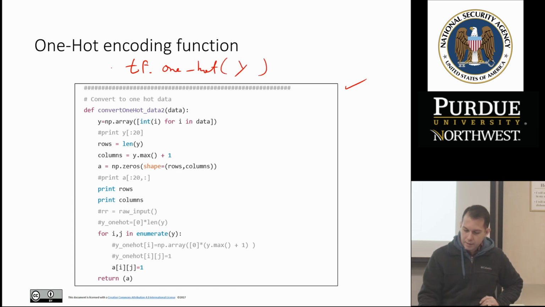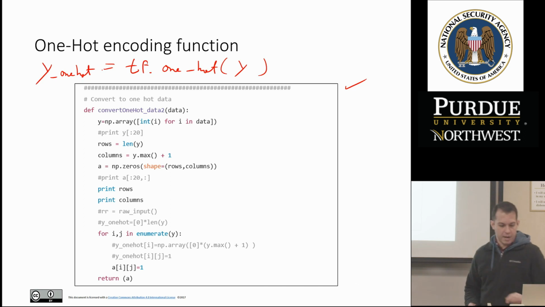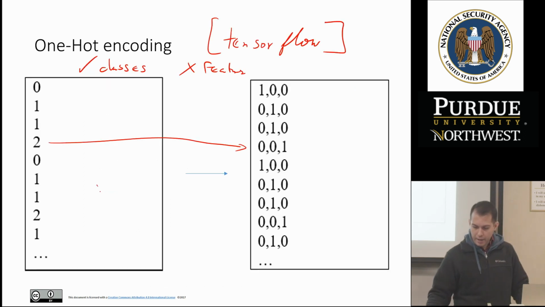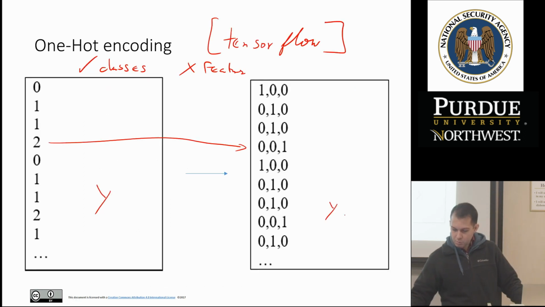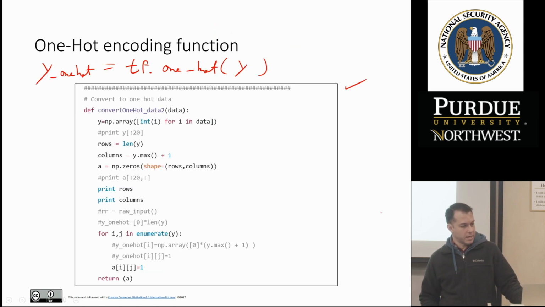You give it y, and what you might imagine is that it takes this y and produces this y one hot. So that's the function over here with the code.